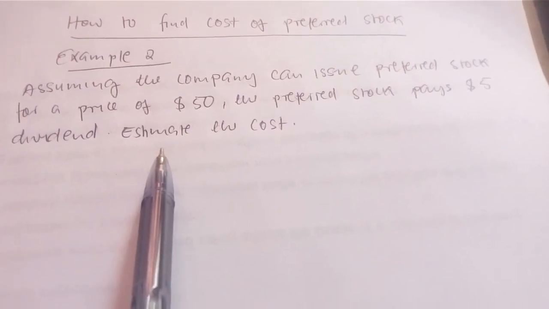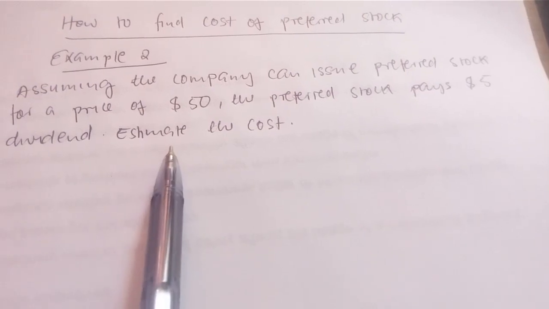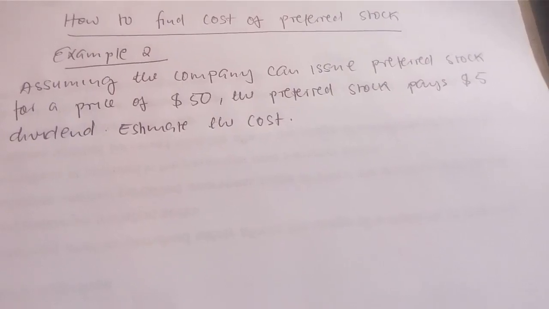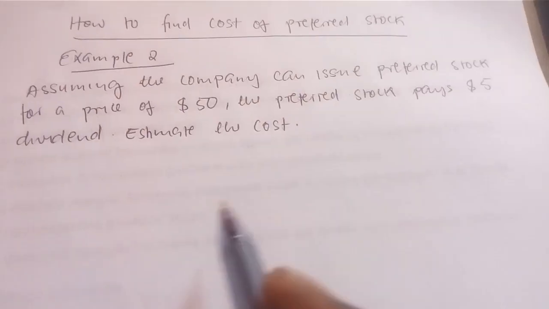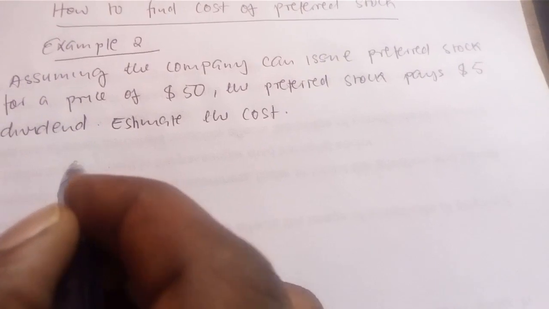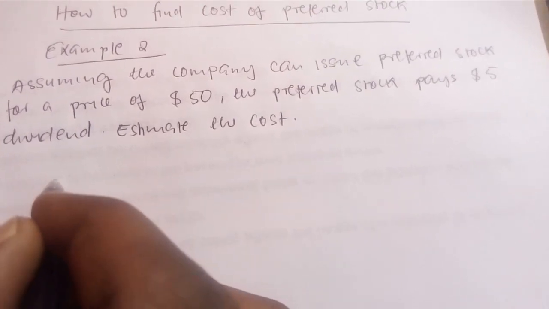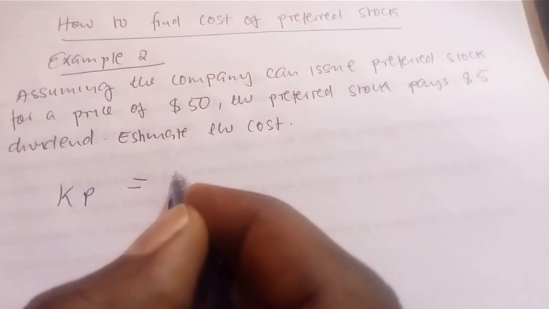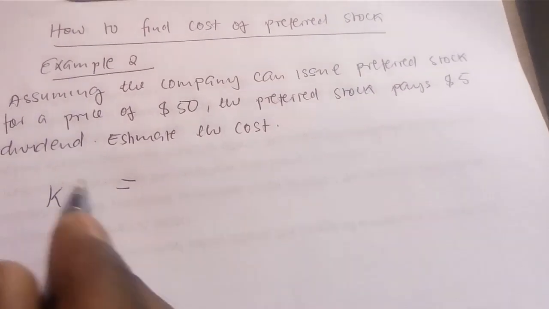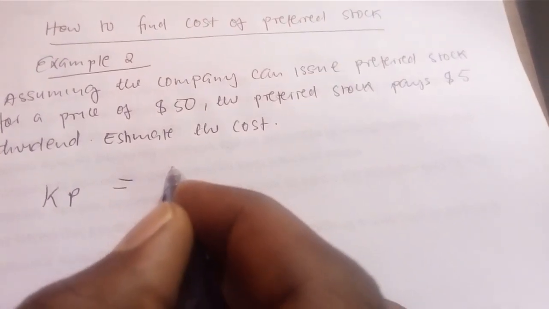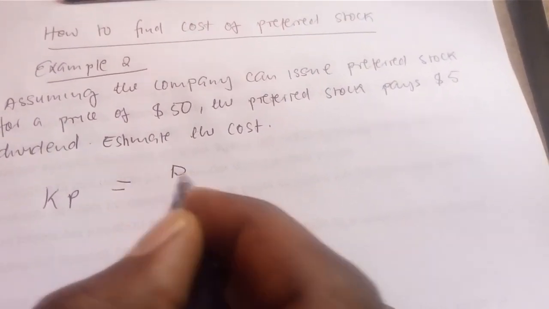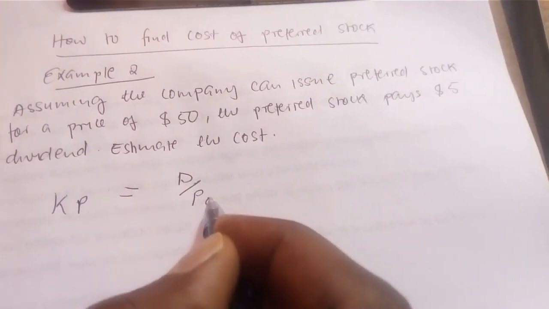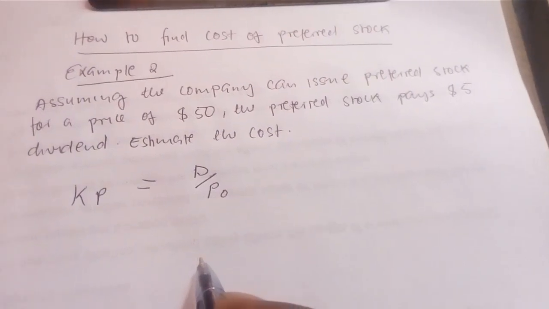Also, preferred stock usually has some features which fall on both debt and equity. In order to estimate the cost of preferred stock, we will use this standard formula: KP, representing the cost of preferred stock, equals the dividend over the current price of the preferred stock.